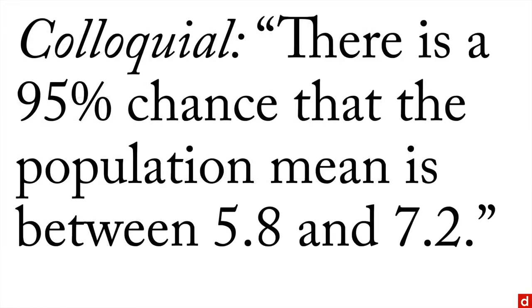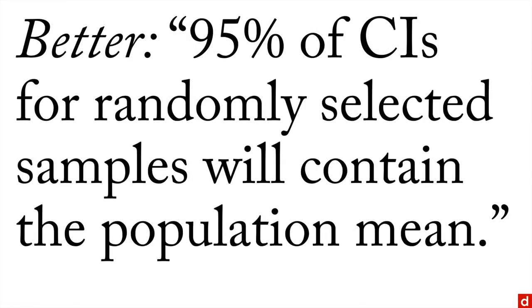There's a 95% chance that the population mean is between 5.8 and 7.2. Well, in most statistical procedures, specifically frequentist as opposed to Bayesian, you can't do that. That implies that the population mean shifts. That's not usually how people see it. Instead, a better interpretation is this: 95% of confidence intervals for randomly selected samples will contain the population mean.